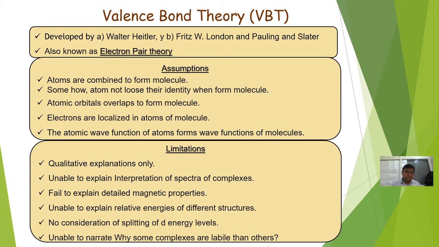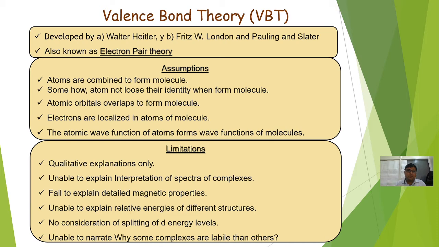Atoms do not lose their identity when a molecule forms. Atomic orbitals overlap to form molecular orbitals. Atomic orbitals are, for example, 1s, 2s, 2p, 3s, and 3p. These atomic orbitals of one atom and another atom are overlapped to form molecules.